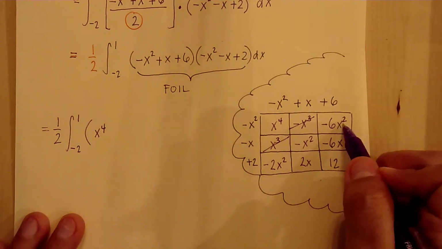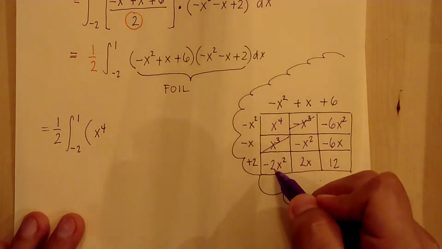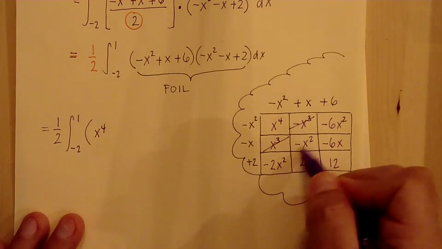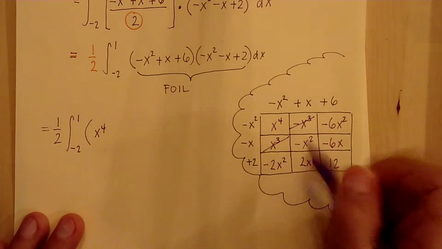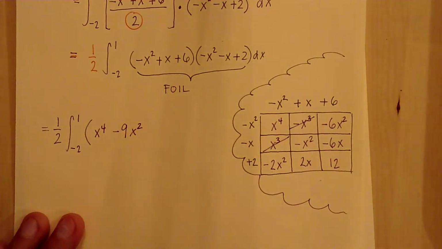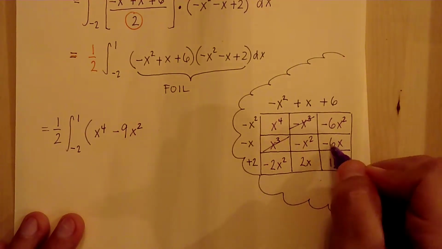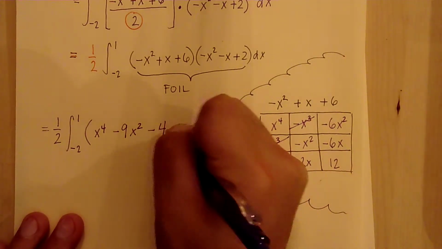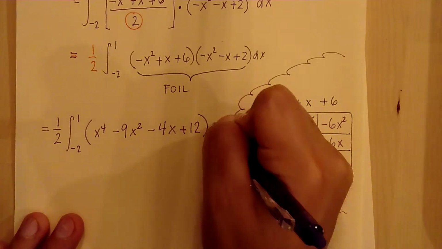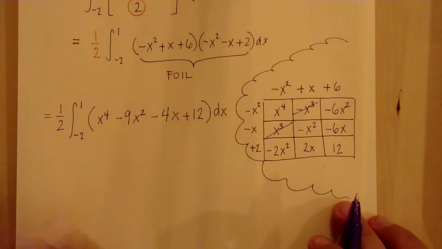If we collect our x squares, we have negative 2. This is going to be a negative 3 now when we combine those, right? 2 and 3. And then this will be a negative 9x squared total. 2 minus 6 is going to be a negative 4x's, and then plus 12 dx, okay?